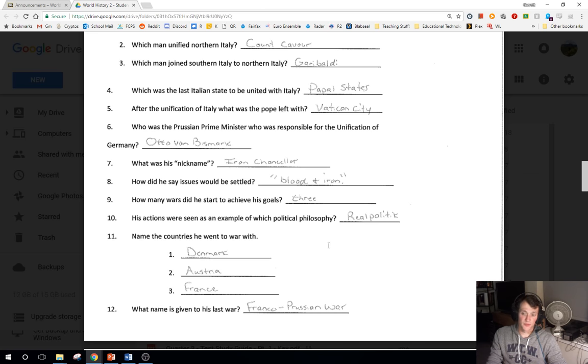So this fighting with France is a pretty big deal, although it goes very smoothly for the Germans. There is an order there, obviously, Kevin, but France for sure is last, and you definitely should know that because that's the final straw that breaks the camel's back as far as the unification is concerned, and it brings them together in the Franco-Prussian War.